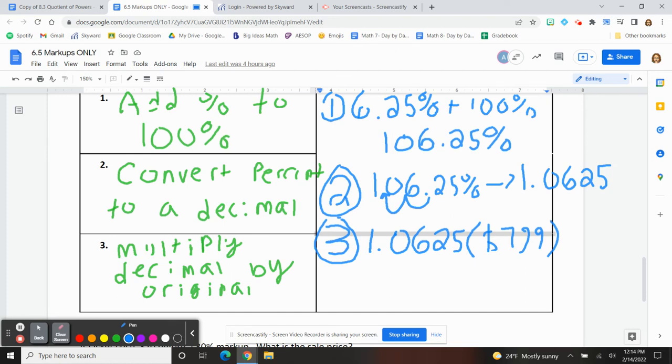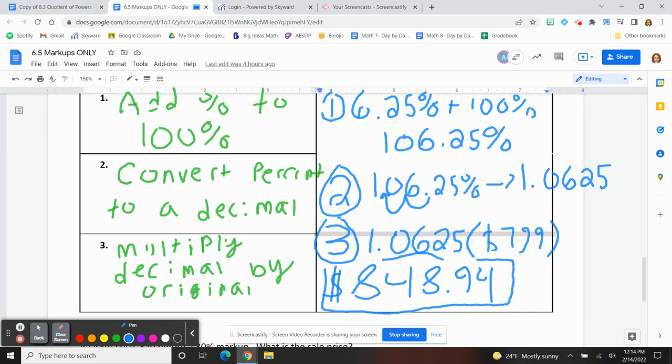Can you say the value a little louder? The value is 848.9375. You round that to 848.94. Boom, perfect. Since this is money, you want to round to 2 decimal places after your decimal. So, for those who want to get a new iPhone, you have to save at least $848.94.